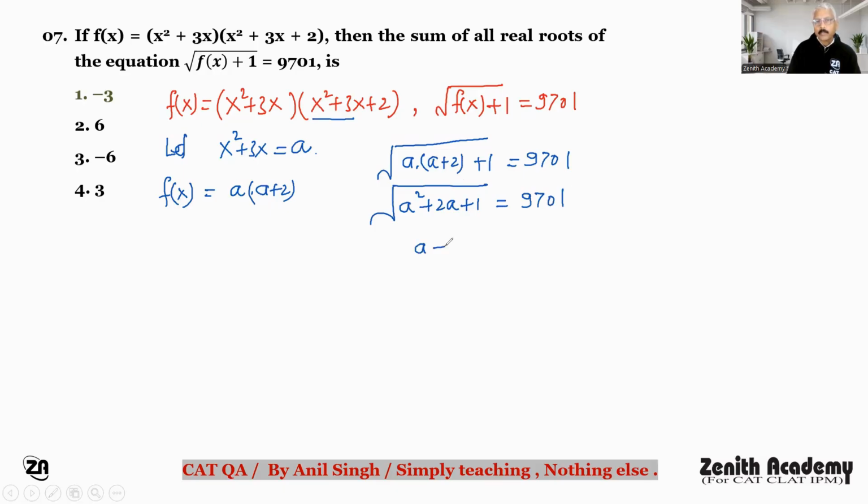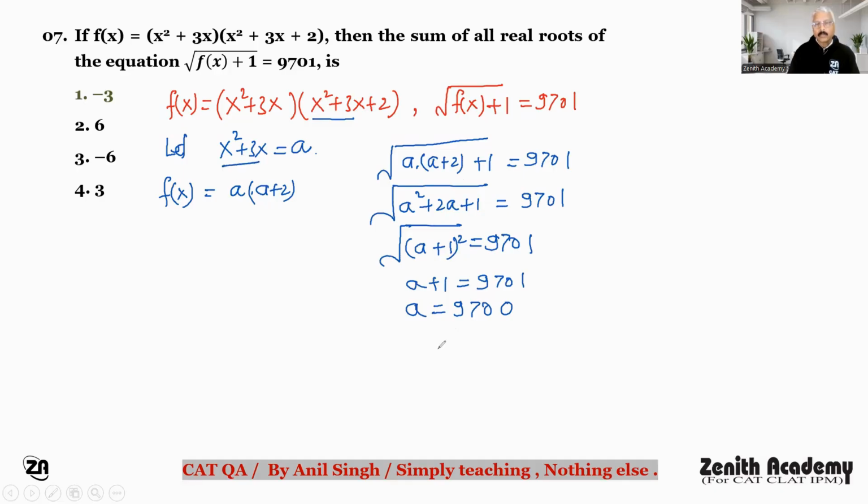So it is the square root of A plus 1 whole square. 9701 means A plus 1 is equal to 9701. So A is equal to 9700.